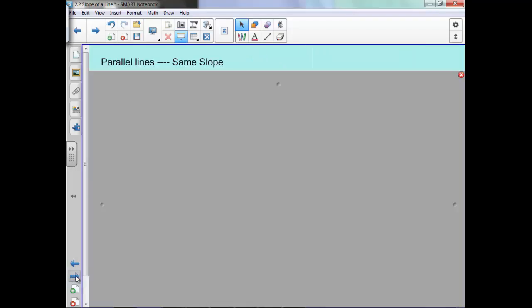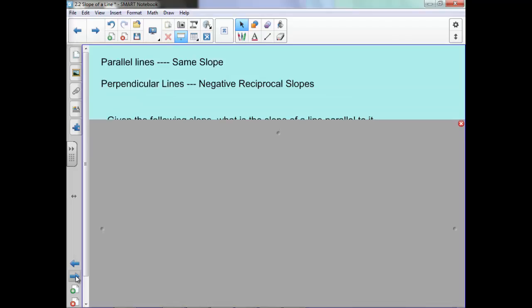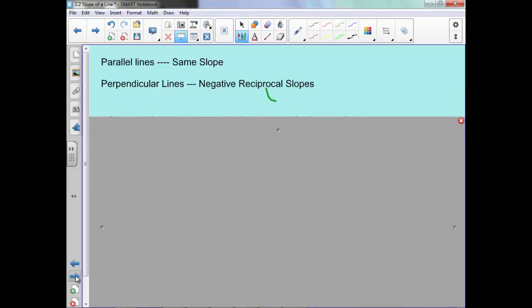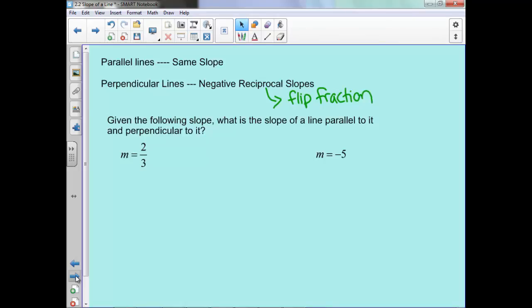Parallel lines have the same slope. Perpendicular lines have negative reciprocal slopes. Reciprocal meaning we want to flip the fraction. So now we're going to be given these two slopes. Find what the slope would be of a line that's parallel to it and that's perpendicular to it.